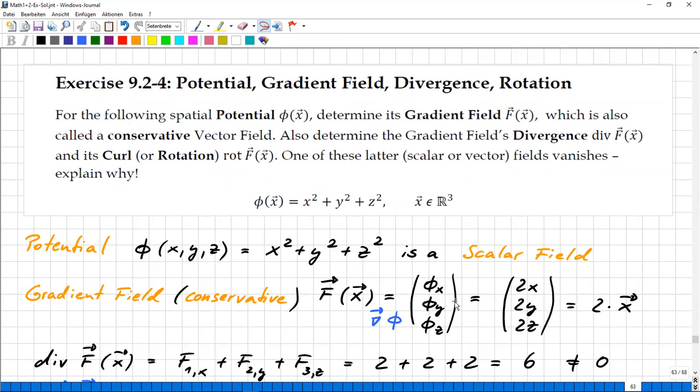Here, I take the derivative for y. So this is additively constant, this is additively constant, this gets to be 2 times y, and same thing for the third component. So what do we find? We find, taking this common factor of 2 outside, it's nothing else than 2 times the radius vector itself. So this is something very special, okay?